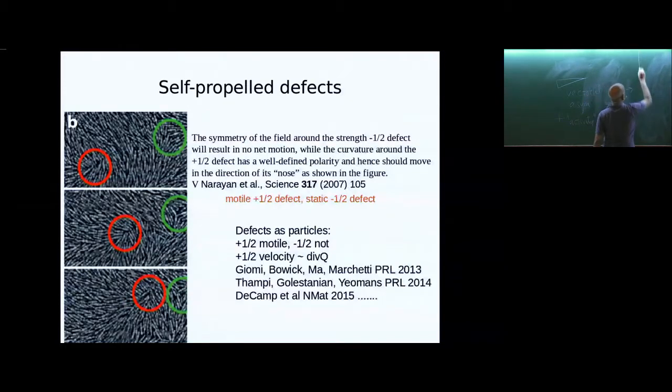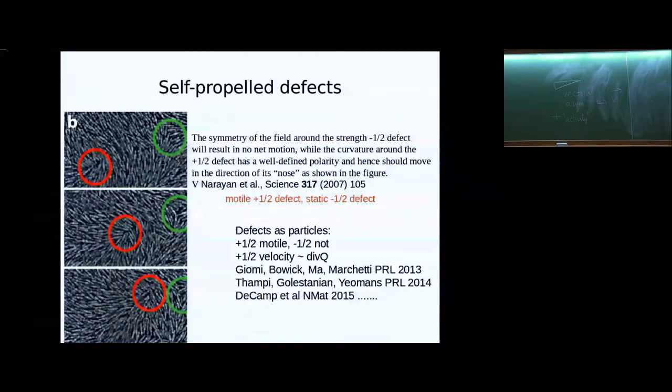Okay? Now, imagine a system made of particles which don't have that asymmetry. The system here is a collection of rods, macroscopic rods, on a surface, which I talked about last time. Each individual particle is the same on both sides. Okay?